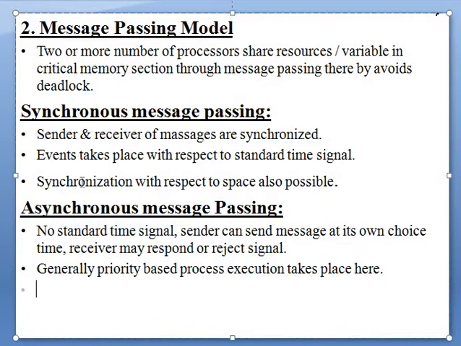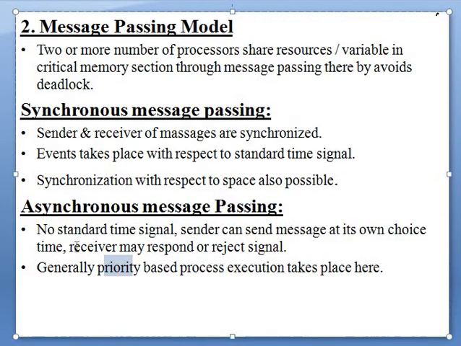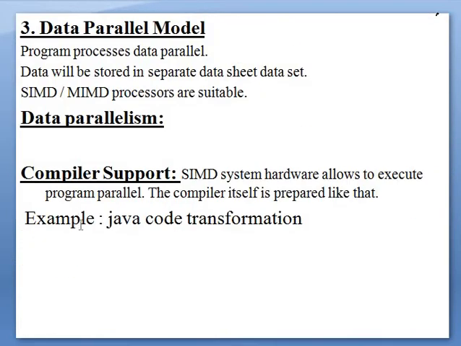Synchronization with respect to space is defined in some embedded systems. When it is asynchronous message passing, priority is generally a very important parameter to decide which should get the variable first, meaning first access.